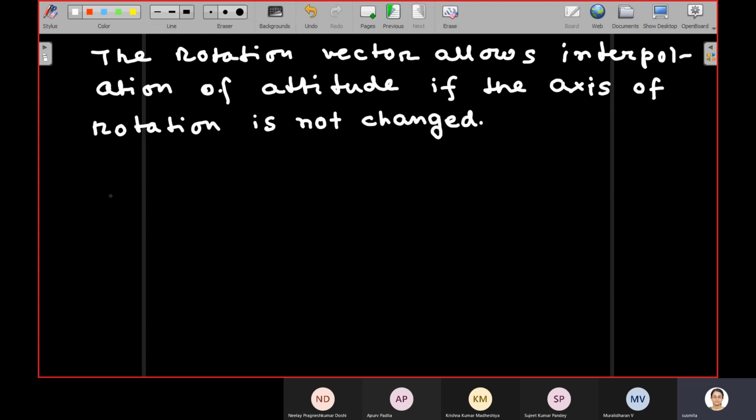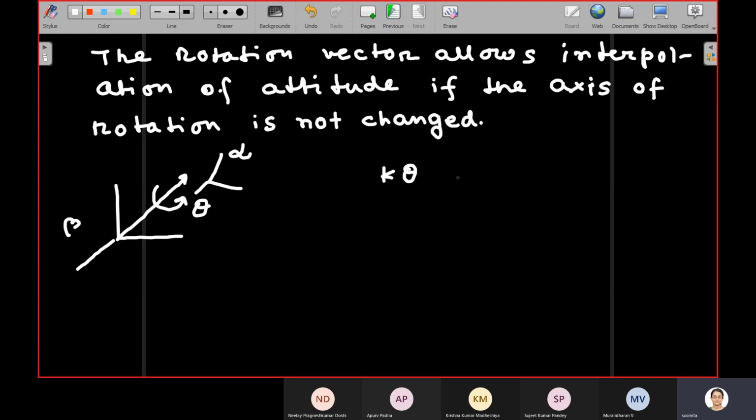So let's say we are going from beta frame to alpha frame. So beta is the initial frame, alpha is the final frame, and we are applying the rotation about the axis of rotation. Okay, at some intermediate point, we have applied a rotation by angle, let's say k theta, and k is greater than 0, less than 1. So we have not gone to the alpha frame yet, right?